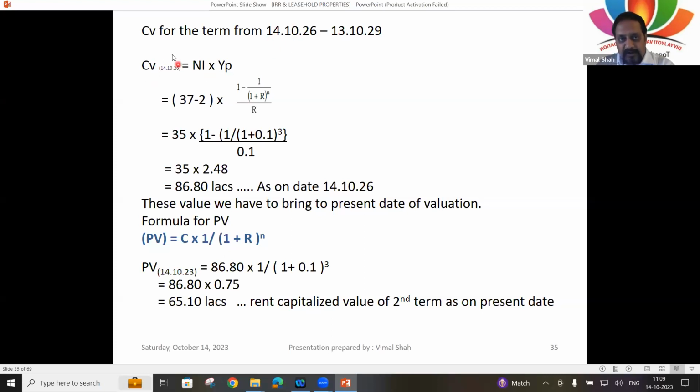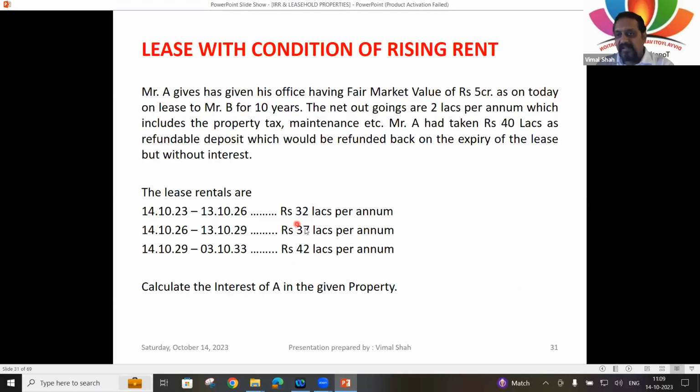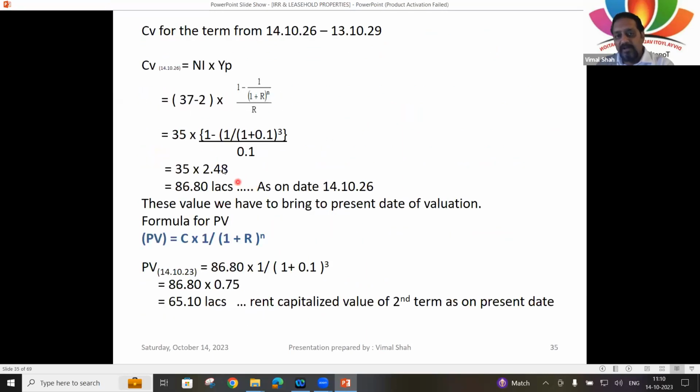So this CV you are getting it on 14/10/26. Again NI into YP. Again NI was how much? 37 lakh per annum minus 2 lakhs. Am I right? So it is 35. Here again I am taking N as 3 years because the rental income is for 3 years. So I am getting this CV value of 86.80 lakhs as on 14/10/26.